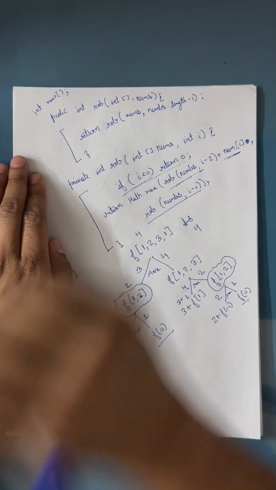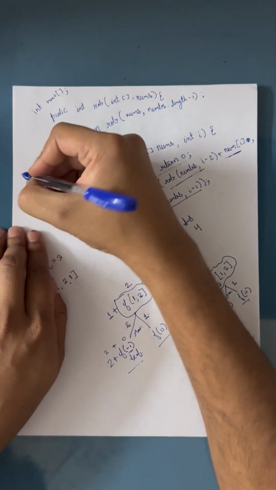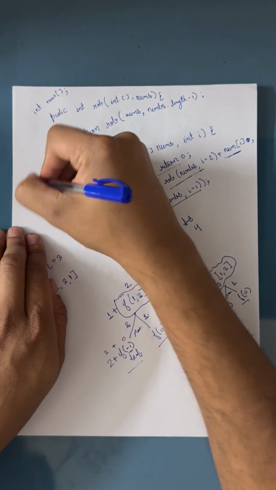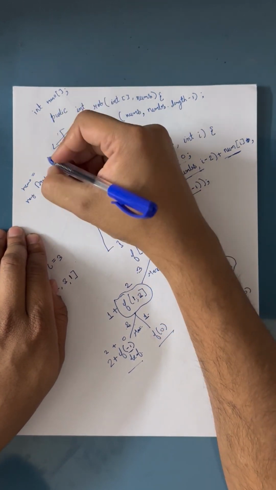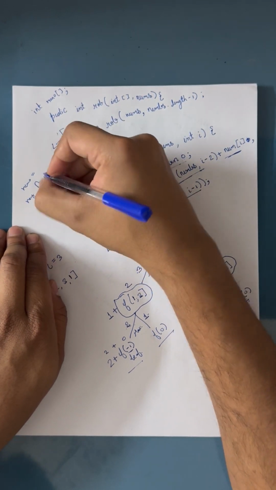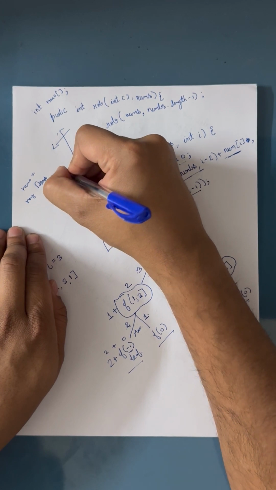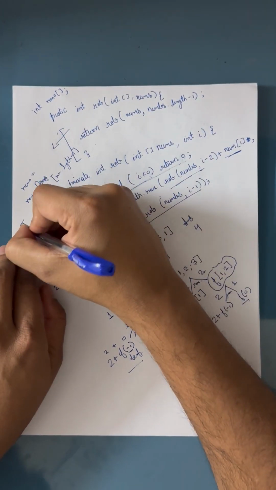Then we'll initialize this here. So memo equals new int array, whatever is the length, number of nums dot length minus 1. This is the initialization.